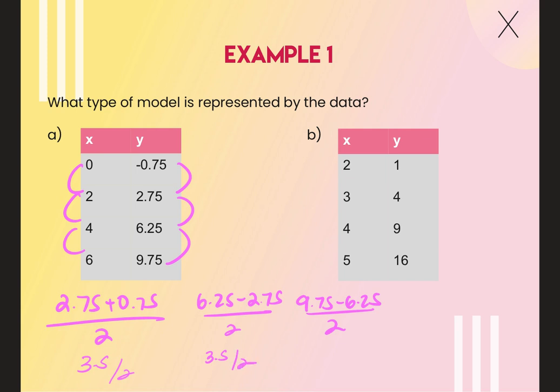Again, rate of change would be over 2, but first difference is just the numerator. 9.75 minus 6.25 is also 3.5. So if the first difference is constant, what kind of model is this? Linear.